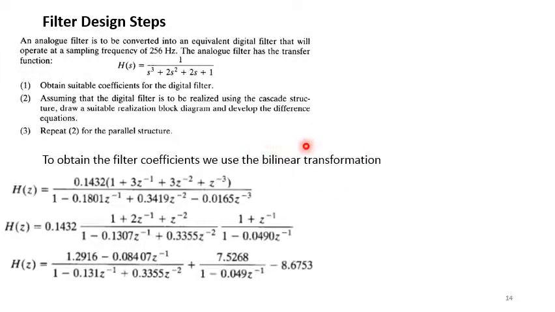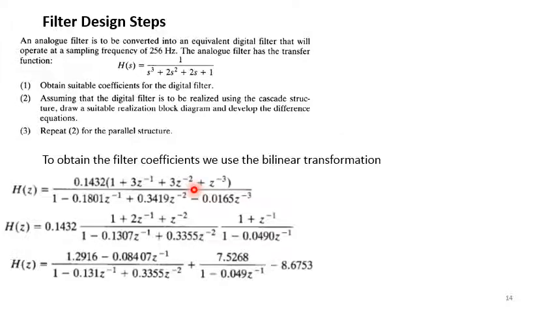Unfortunately you haven't studied this one, so we will not spend time on it. I'll just straight away write this equation, and in the following weeks we'll be talking about this transformation. If we apply the bilinear transformation on this system function, we obtain H(z), which is equal to this one.